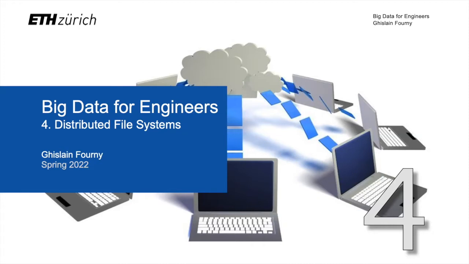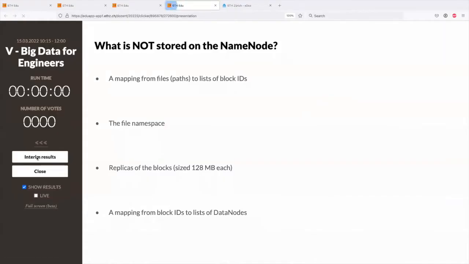All right, let me ask you a question on HDFS to check that you have been following. What is not stored on the name node? Is it a mapping from file paths to lists of block IDs?